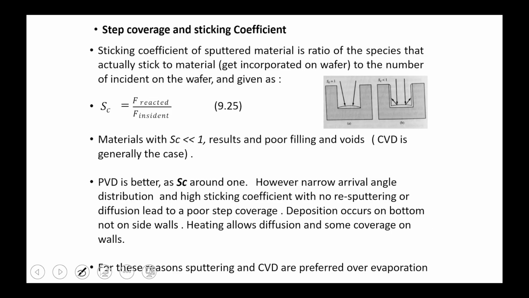So this is the step coverage and sticking coefficient rate. This is the sticking coefficient rate formula: F reacted over F incident, meaning how the atoms react, or the rate of the incident atoms. You can calculate through that how much the sticking coefficient of the atoms is on the molecule.